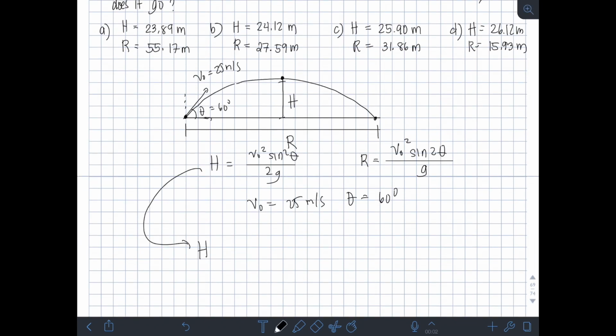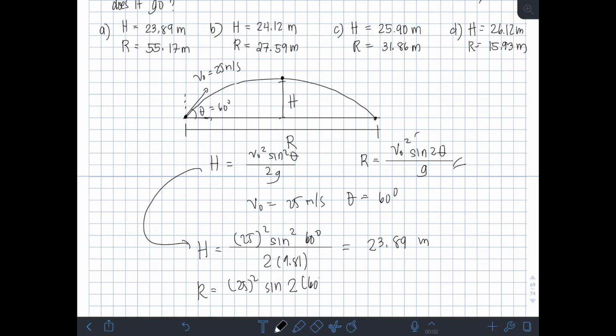So, sa H muna. So, H is equal to v0 squared, so 25 squared, times sine squared, nung theta natin is 60 degree, over 2 times g is 9.81. So, ilan yan? Using calculator. 23.89 meter. Then, yung range naman natin, this formula, so v0 squared, so 25 squared ulit, then sine this time 2 theta.